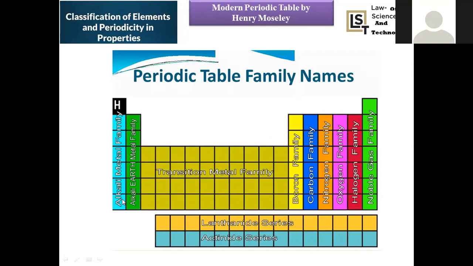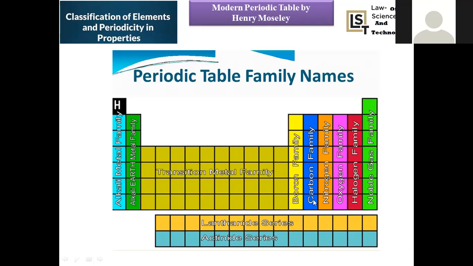First group elements are said to be the alkali metal family. Second group elements are called the alkaline earth family. And the entire d block elements are regarded as the transition metal family. Counting first, second, third, and so on up to the 12th group, the subsequent 13th group elements are said to be the boron family.